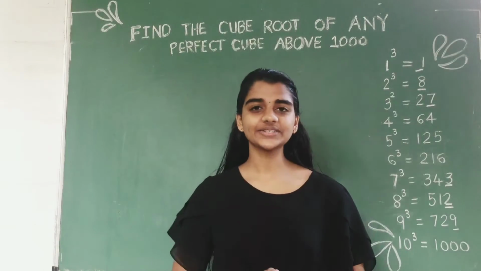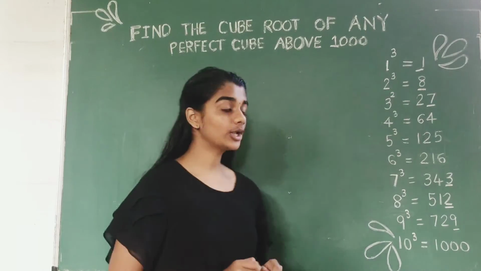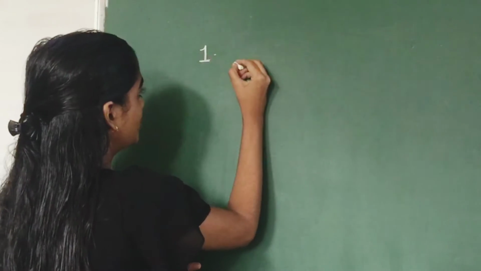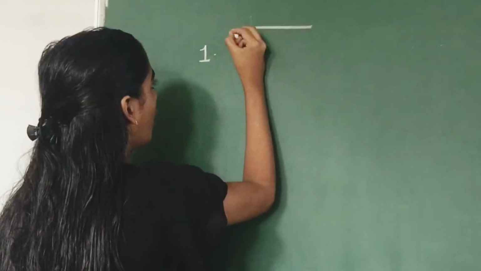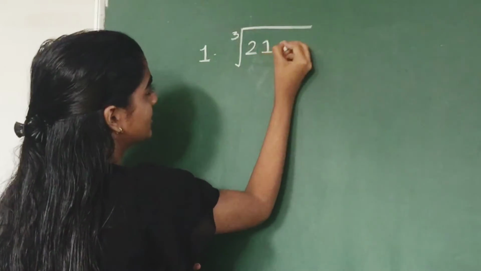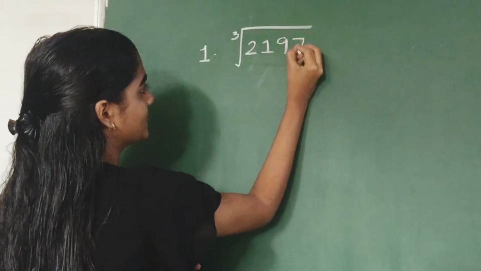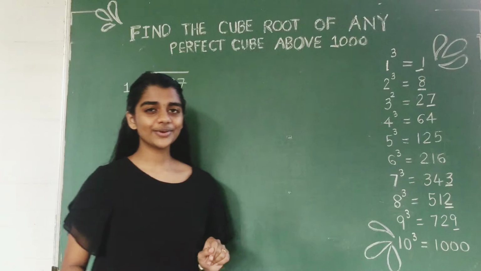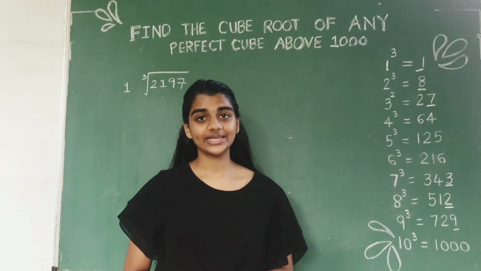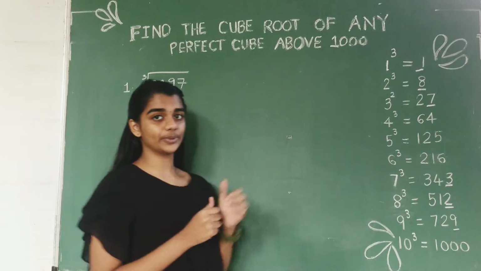Okay, so let's start with an example. A small number. How about the cube root of 2197? So, how do we find this? Step number 1 is to group this number.